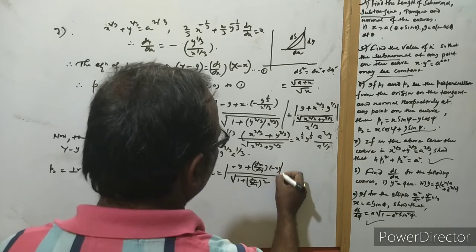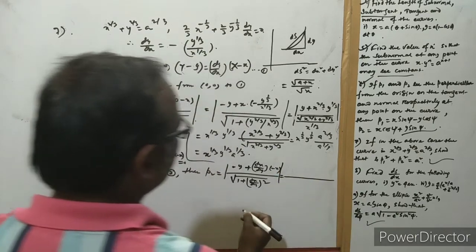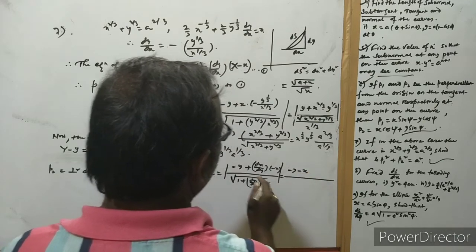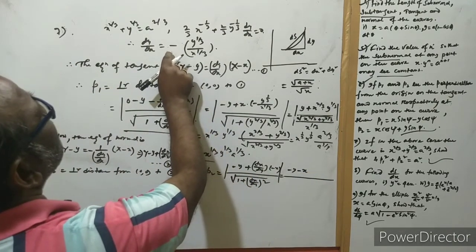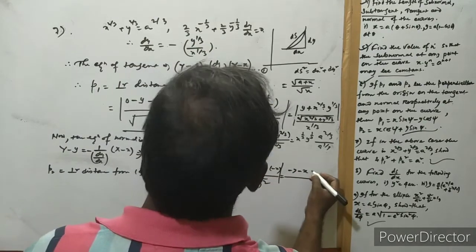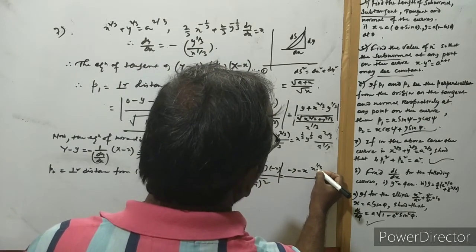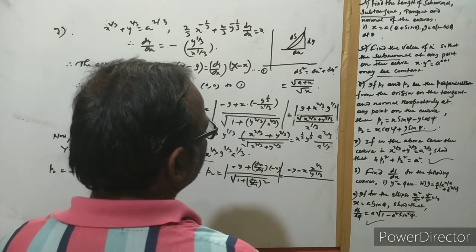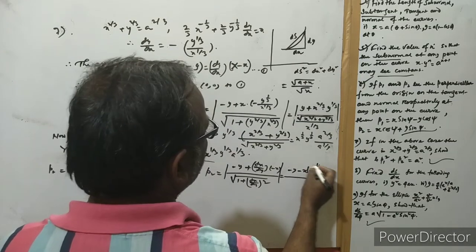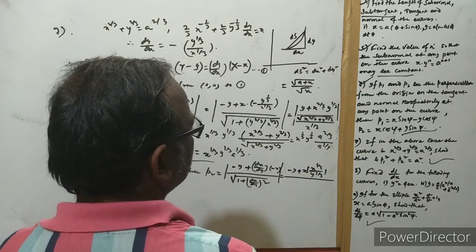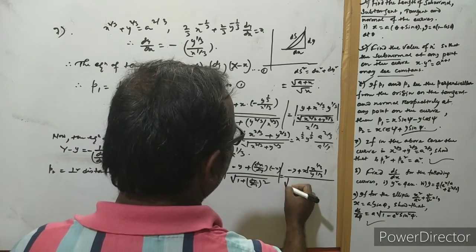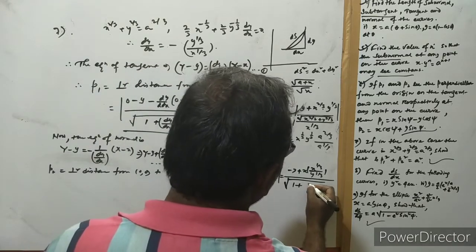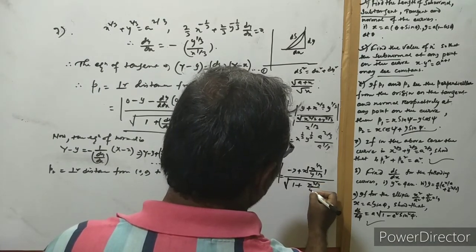Okay, now see, this is minus y minus x and the value of dx dy. This dx dy is reciprocal of that, so you can write here x to the power 1/3 by y to the power 1/3. We got here minus, so here we got plus. So the same as 1 plus dx dy whole square, this is x to the power 2/3 and y to the power 2/3.